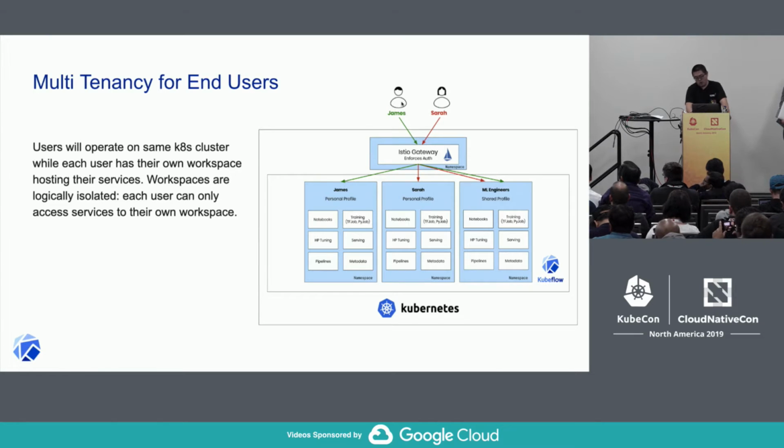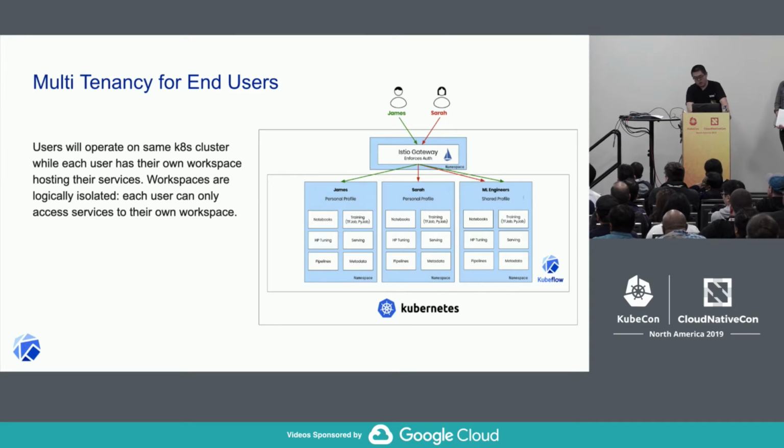So take a closer look. Imagine we have two users, James and Sarah, accessing services through the shared ingress. Behind it, James has his own workspace and Sarah has her own workspace. All the services in James' workspace are only available to James, and all the services inside Sarah's workspace are only accessible to Sarah.